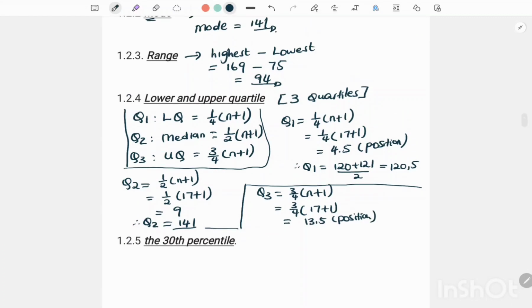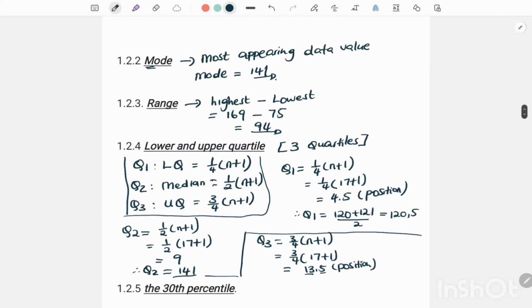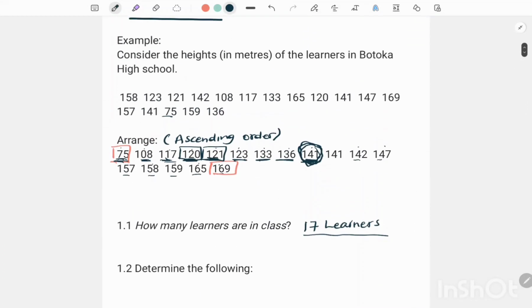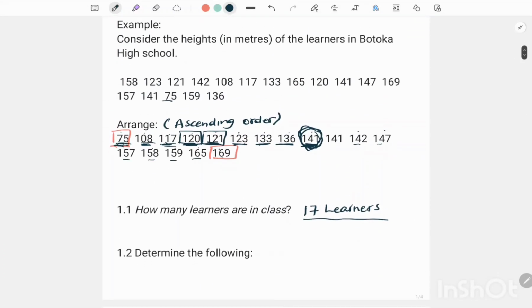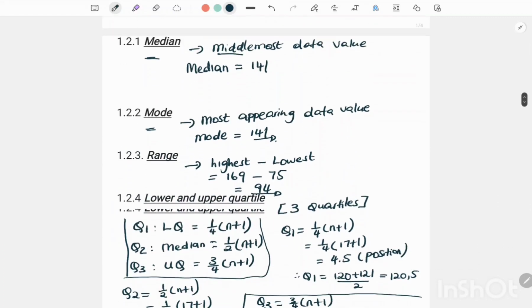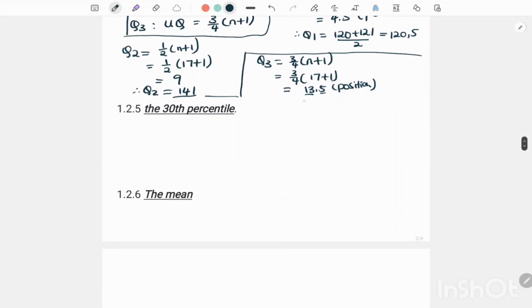So you go to positions 13 and 14. So it's 1, 2, 3, 4, 5, 6, 7, 8, 9, 10, 11, 12, 13, and 14. So it's 157. Therefore, Q3 is equal to 157 plus 158 divided by 2, which is 157.5.